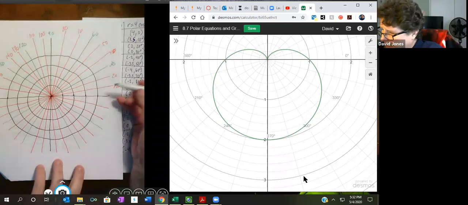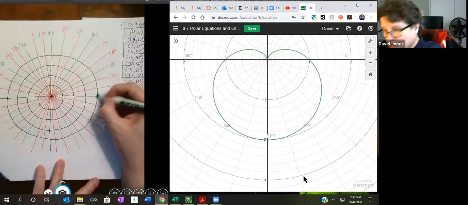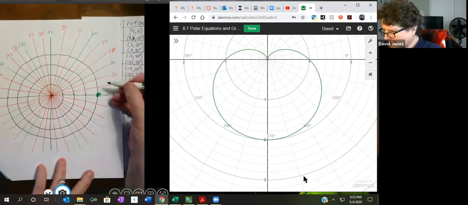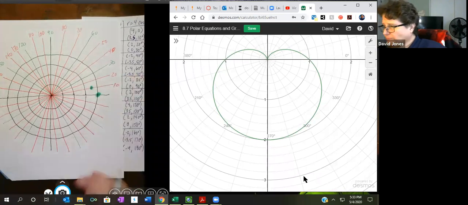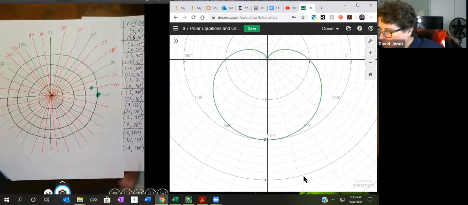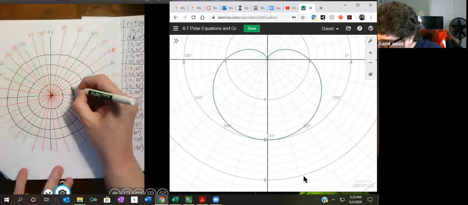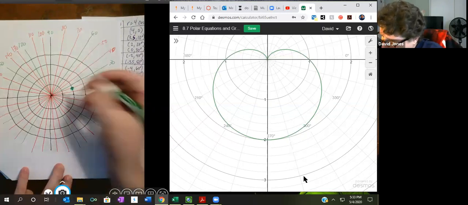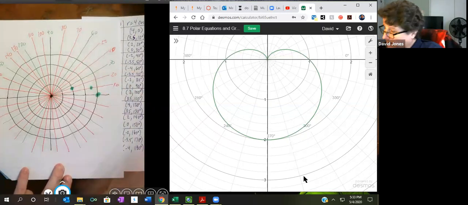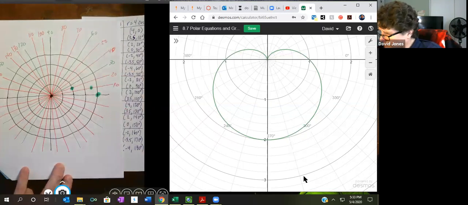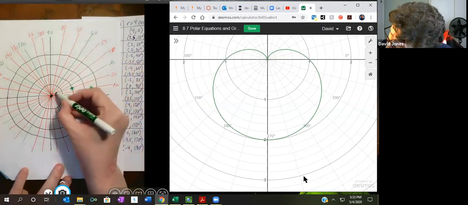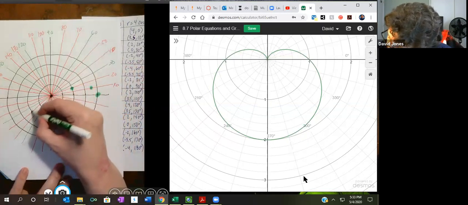So at 0 degrees, I'm going to go out 4. At 10 degrees, it's 3.5. At 20 degrees, we're down to the second ring. At 30 degrees, we're at 0. At 40 degrees, I'm at -2. So there's 40 right there.